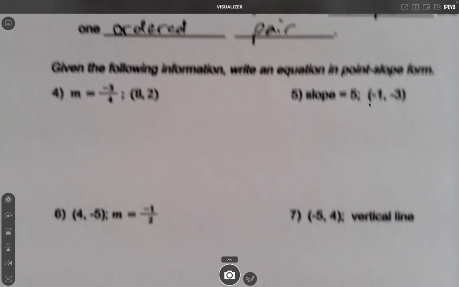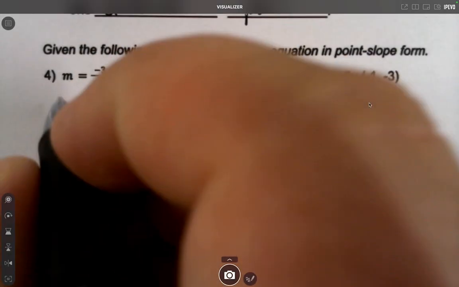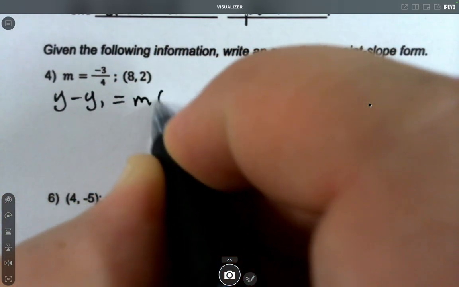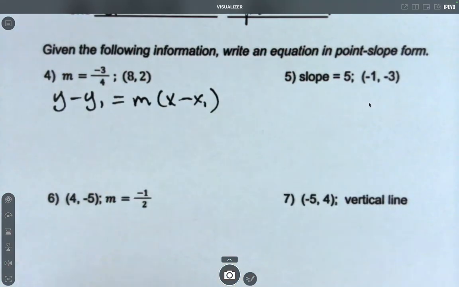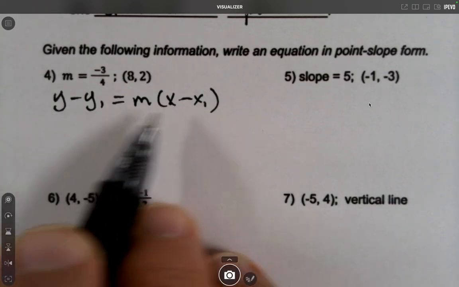So let's practice writing things with the point-slope form. So remember, the point-slope form is y minus y1 equals m times x minus x1. Y and x are variables.